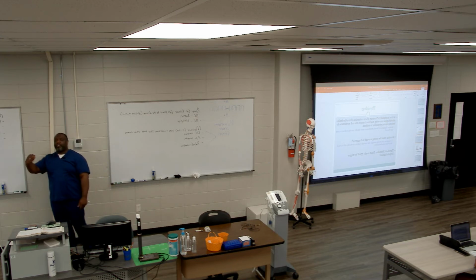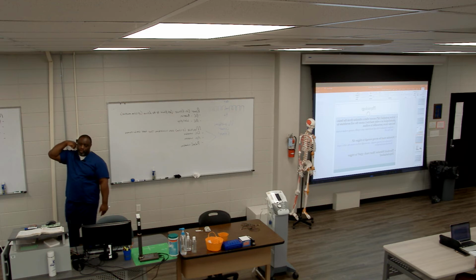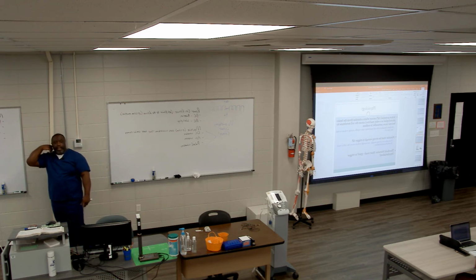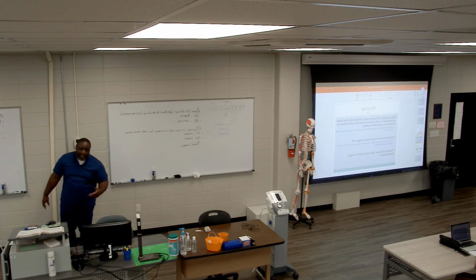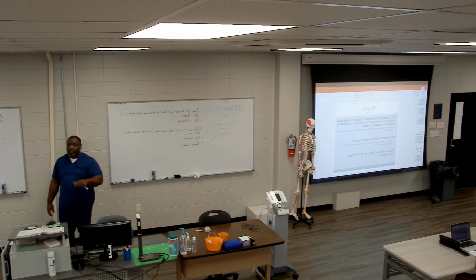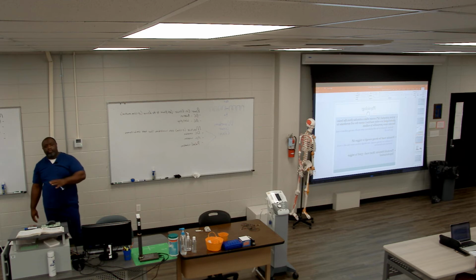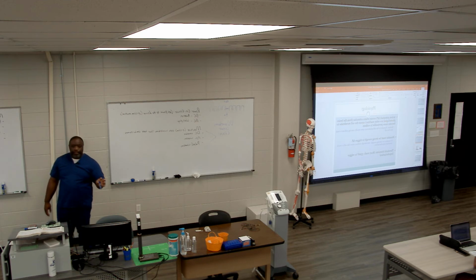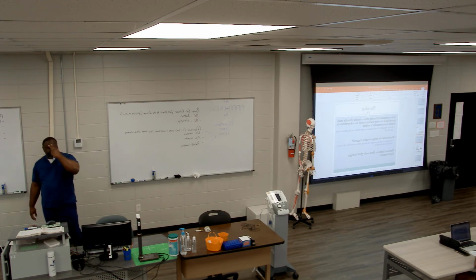That information is transmitted down to your spinal cord to the level that the muscle is located, and then that information is transmitted from your spinal cord to an actual nerve, and the way that information is done is through an action potential.